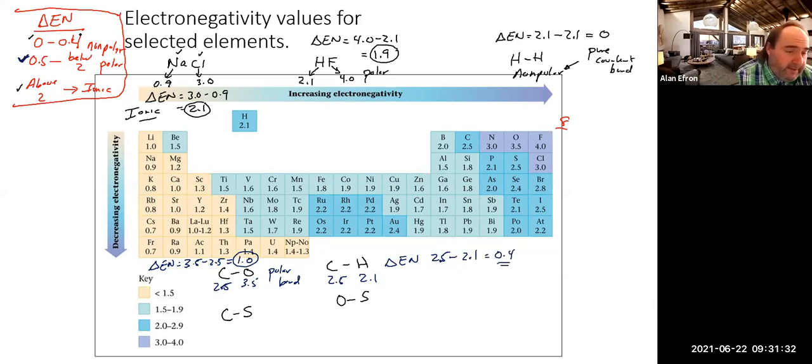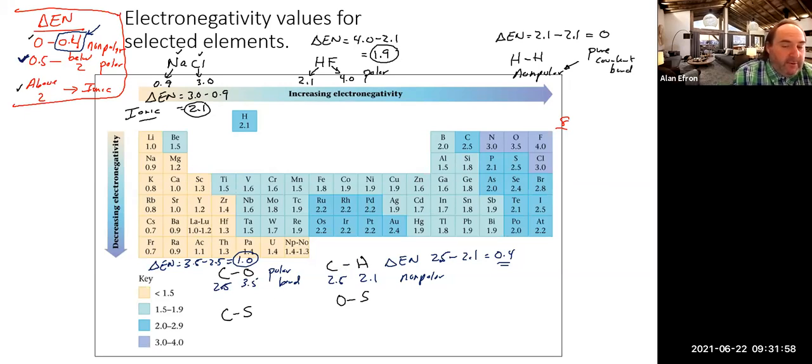That 0.4 is the sort of boundary, if you will, for nonpolar, and this would be considered a nonpolar bond. And the reason is that the carbon-hydrogen bond is the basis of organic chemistry. Organic molecules are nonpolar, so that's really why the cutoff's at 0.4, for this bond right here. This carbon-hydrogen bond is a nonpolar bond.